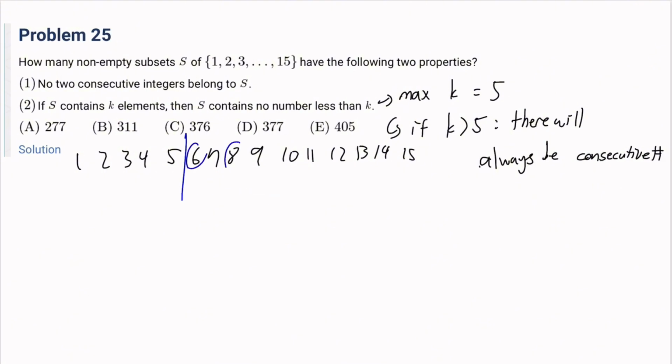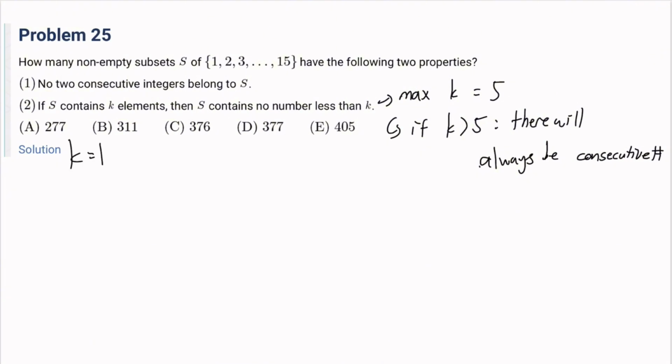So we have 1, 2, 3, 4, 5, and then our 6th value has to be a consecutive number. That means the maximum value of k equals 5, and since that's a low number, we can just do casework by setting k values.